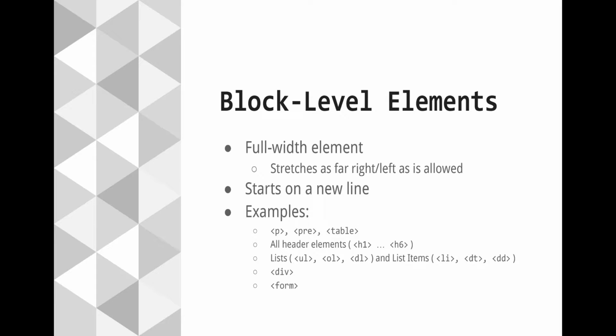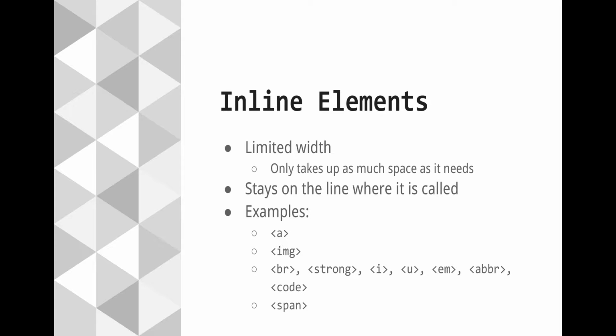All of the header elements are like this, and all of the list elements that we know about, the unordered list, ordered list, and description list, as well as all those list items, the LIs, the DTs, and the DDs, as well as things that we haven't messed with yet, forms and divs. They stretch as far left and right as possible in the container, and they start on a new line.